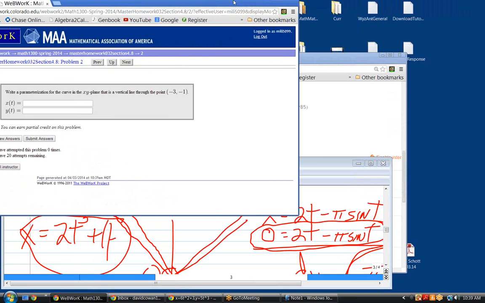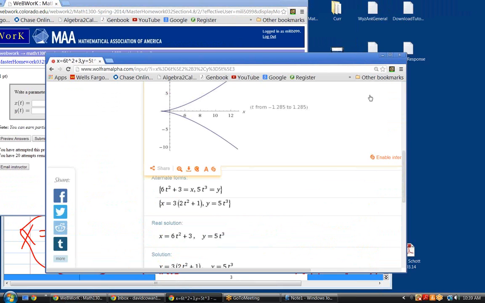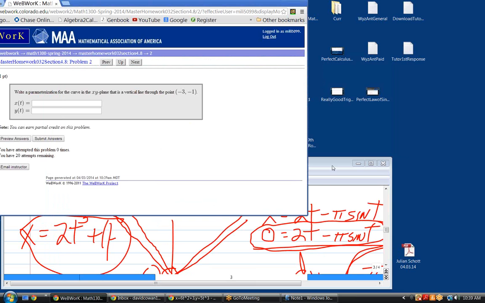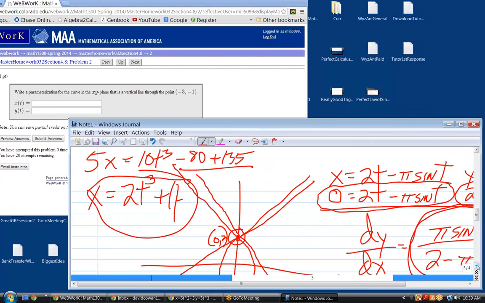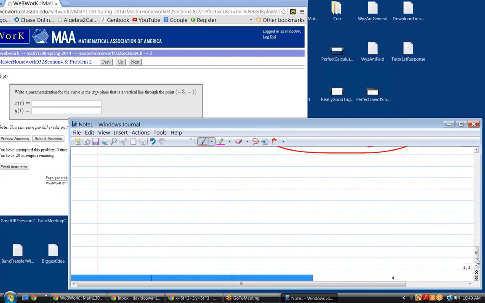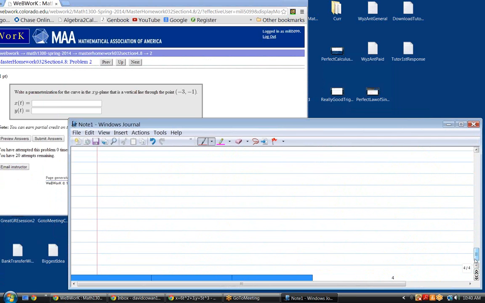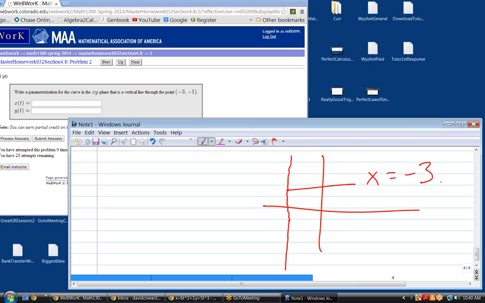Shouldn't be too hard to figure out. So we have a vertical line going through the point -3, -1. Now the equation of that line is x equals -3.